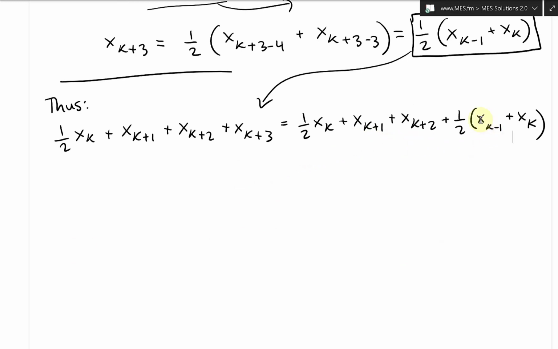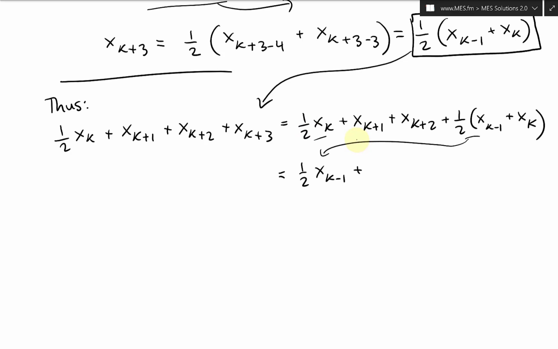So we have this, and now if we expand this out, I'm going to move the smallest term on this side. So this equals 1/2 x_(k-1), and then now we have a 1/2 x_k right here. So I just move this over to here, and now this plus this 1/2 x_k.